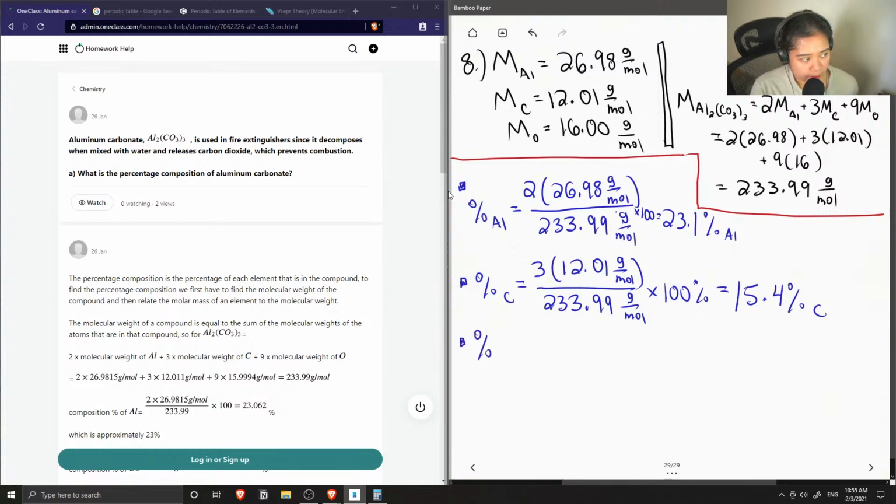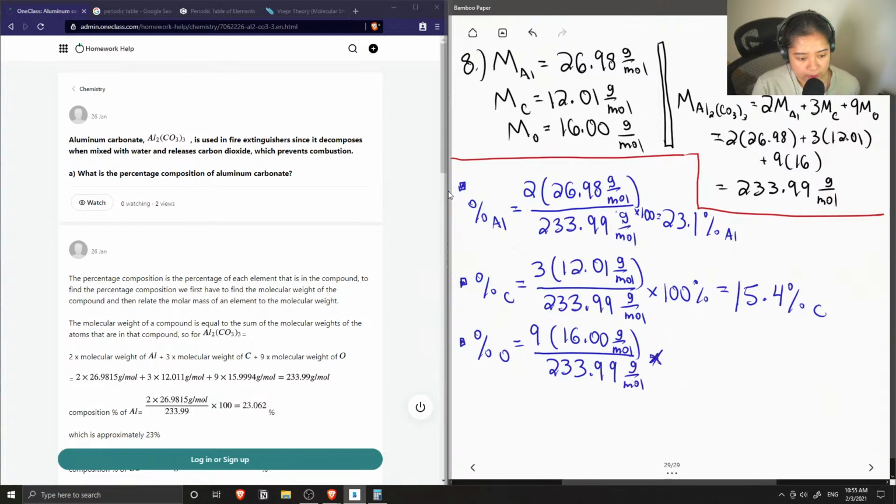And now let's calculate the percentage of oxygen. There are 9 oxygen atoms, and the molar mass of oxygen is 16. And then we divide by the total molar mass, which is 233.99.